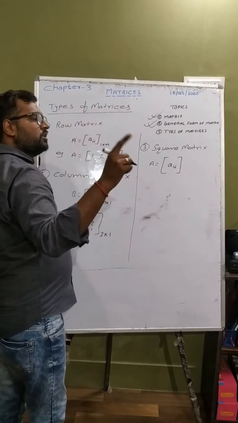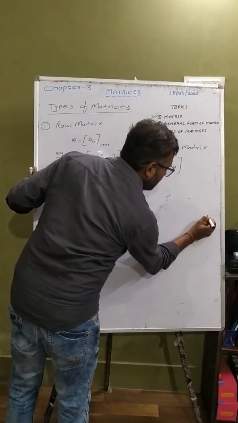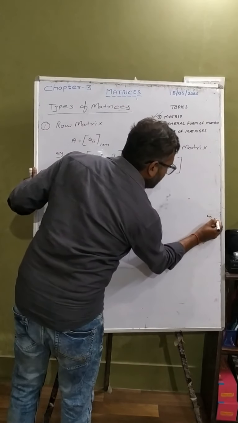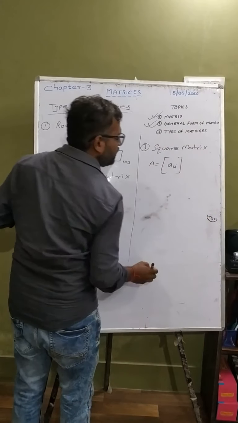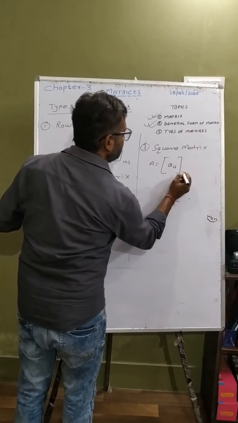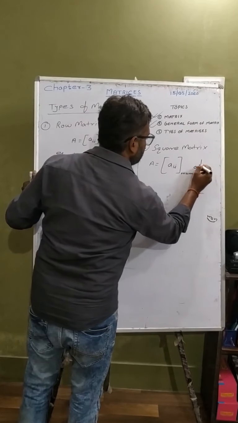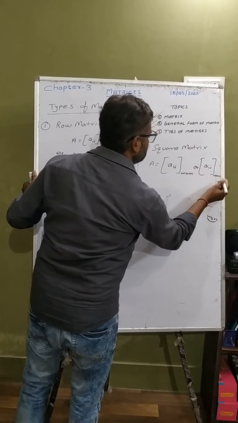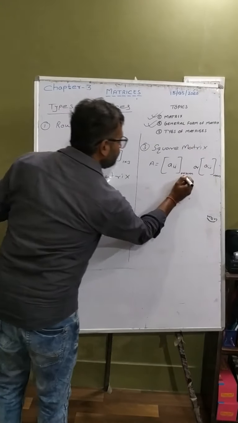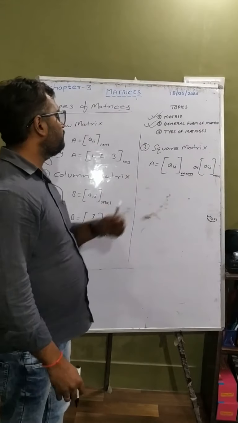Row is generally denoted by m and column is generally denoted by n, so they must be the same. Then m must be equal to n. So this general form can be written m by m, or also Aij m by n. It means the number of rows and the number of columns must be the same.